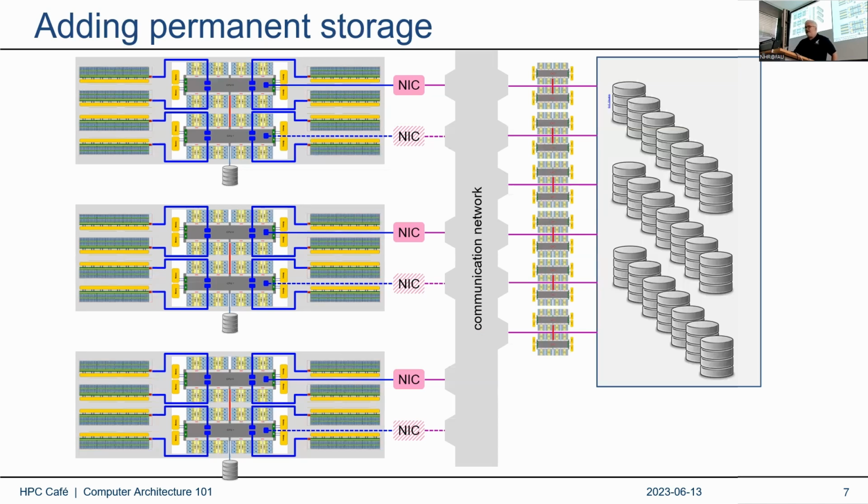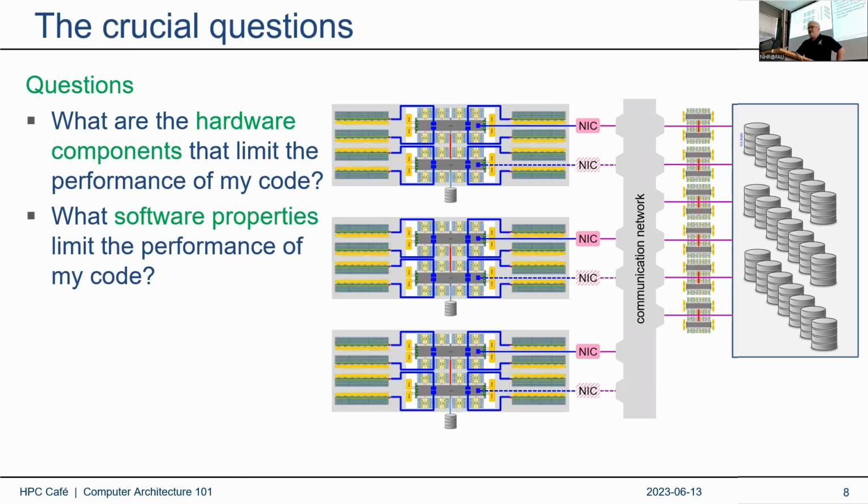All right. So now we have the setup, this complicated setup with all this parallelism on the nodes and in the cluster. And now there are two crucial questions. First question is, what are the hardware components in this very complicated, this intricate setup that limit the performance of my code? That's important to know.